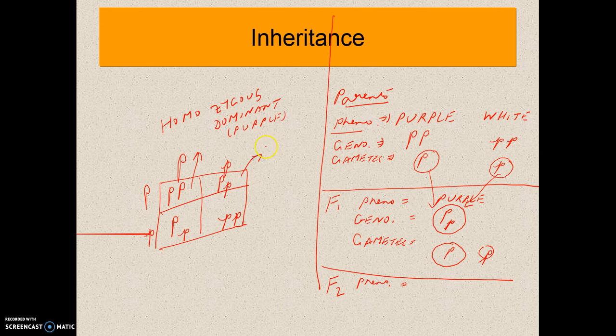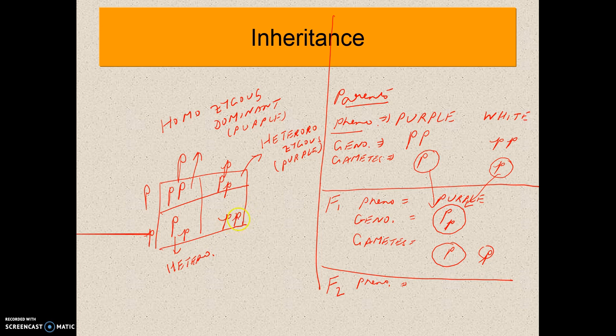Uppercase P, lowercase p would be called a heterozygous. Why? Because here is a combination of the two alleles, heterozygous. So this will be heterozygous, and here of course the flowers will also be purple. Remember our law of dominance and recessive. Same case here. This is heterozygous.